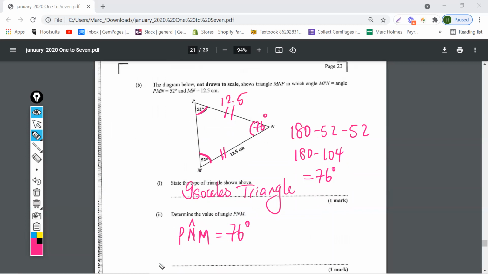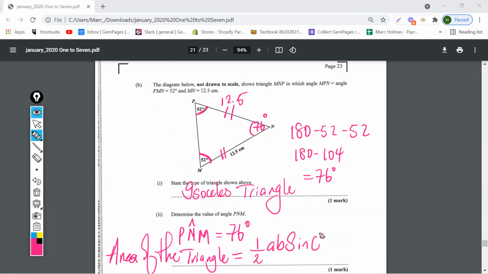So we'll actually have to say the area of the triangle is equal to a half AB sine C. Cool. So this is equal to a half of 12.5 times 12.5 times sine C.